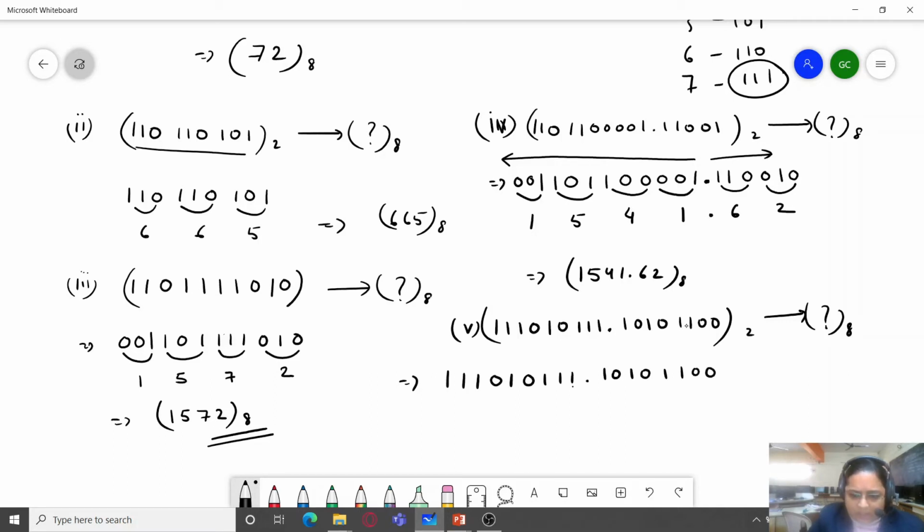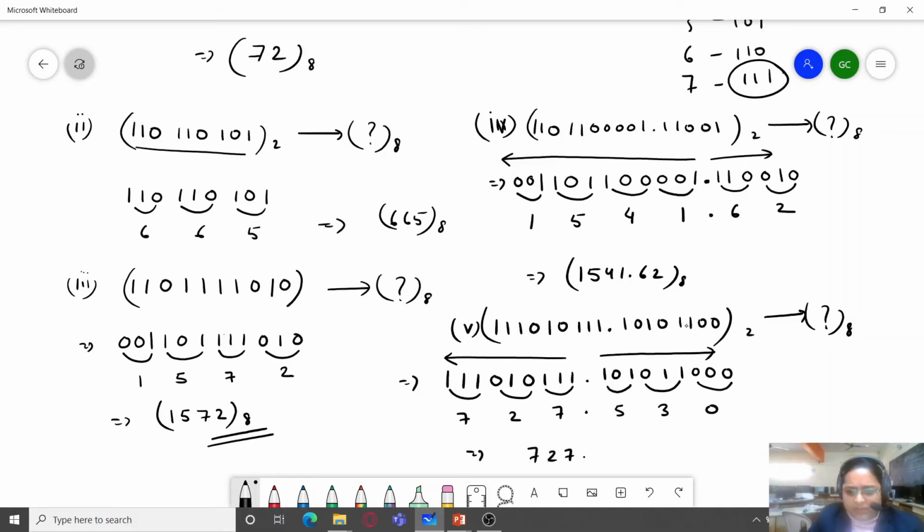Now we start grouping them. Before the decimal point it would be right to left, and after the decimal point it would be left to right. And here again I have to add a trailing zero because we were short of one digit. Now this is 7, 2, this is again 7, 5, 011 that is 3, and this is 0. So our number is 727.530.